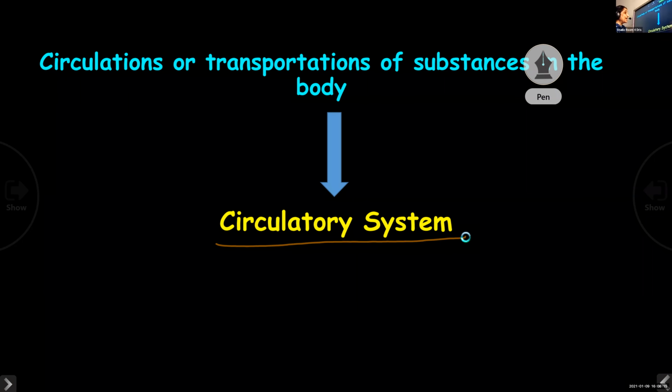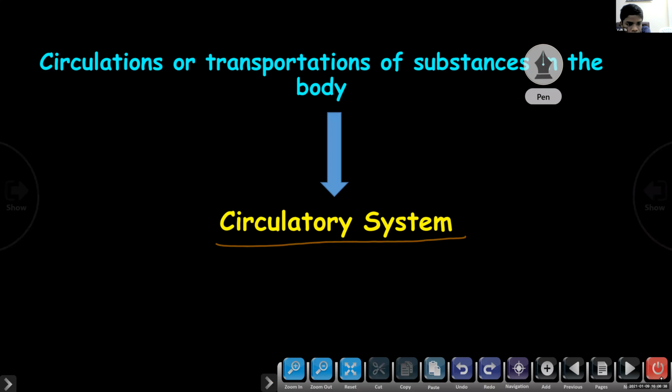Circulatory system. Vijin, what is the name of the system that helps in the circulation or transportation of substances? Circulatory system.